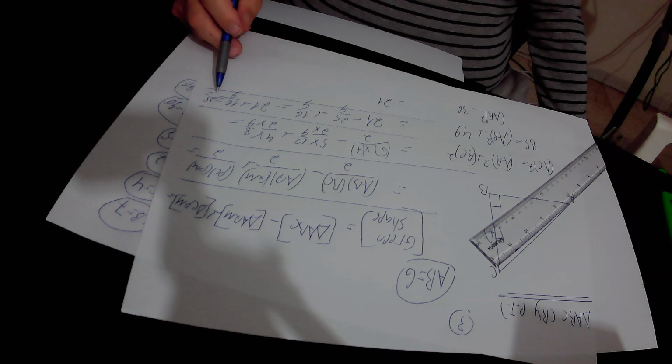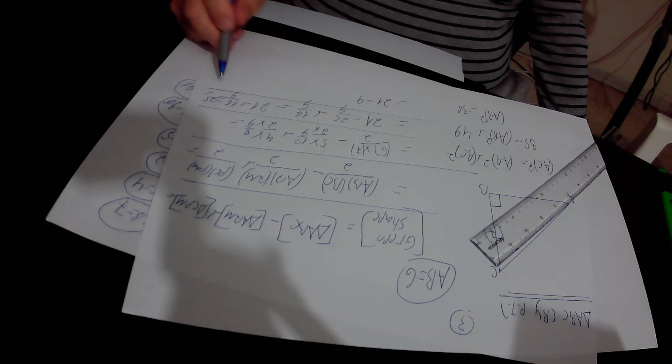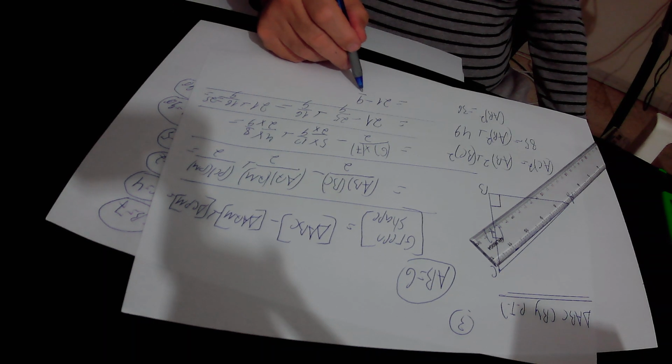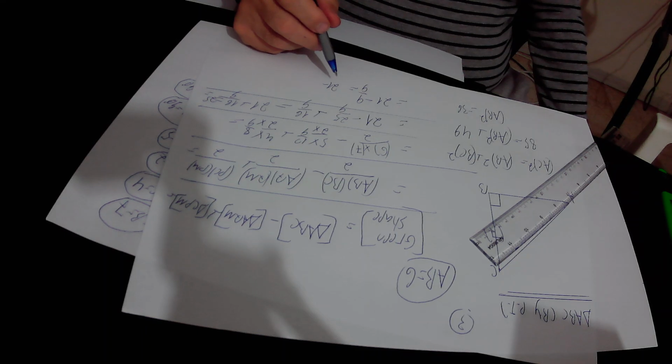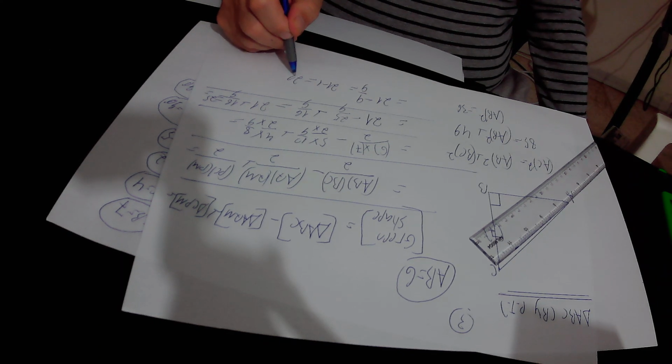Here we have 16 minus 25 is minus 9, and in the denominator we have 9, so it is minus 9 over 9. So the area of the green shape equals 21, and minus 9 over 9 is minus 1. So the area of the green shape equals 21 minus 1, that is 20.